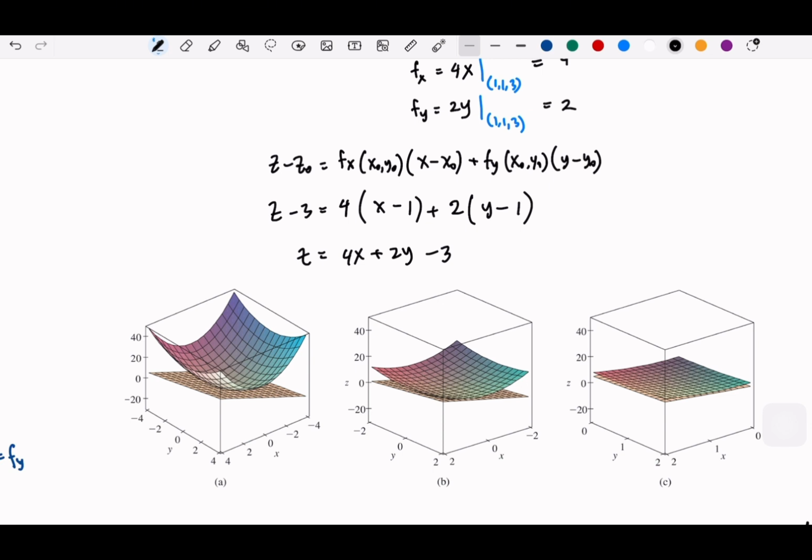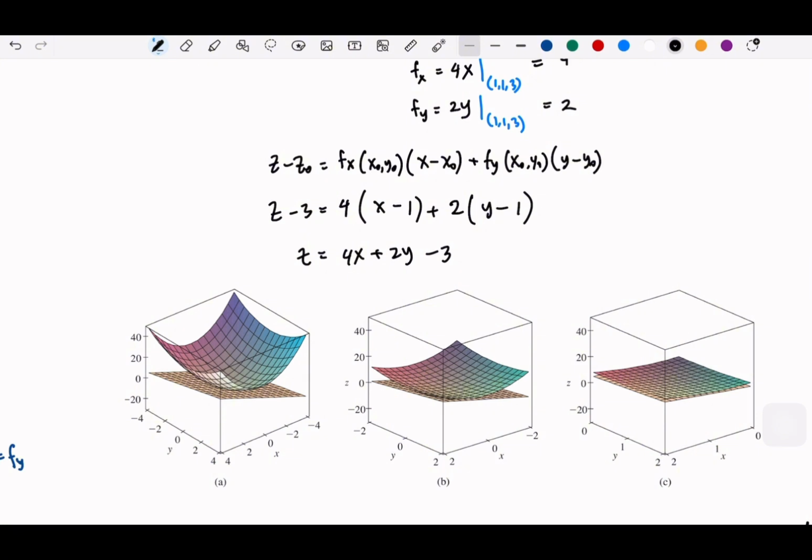And what does it do? If you see from this picture, if we zoom in on this part, we're going to see that the gap between the surface and the plane, if we zoom into the nearby points, is a very, very small distance difference.